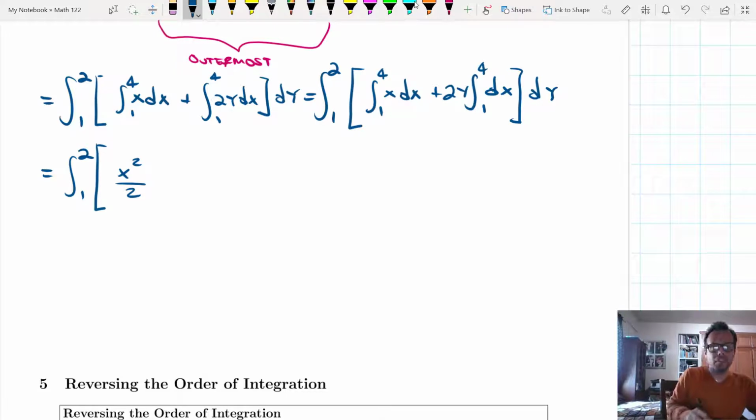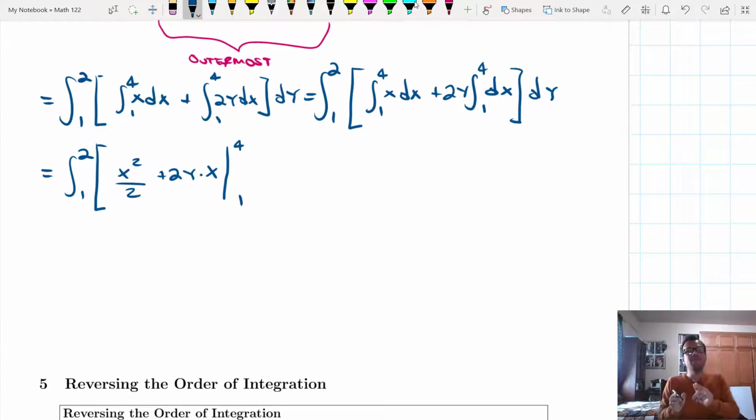And then plus 2y times the integral of dx. Well, in this case, the integral of dx is just going to be x, but we are not going to write plus c. We are going to evaluate this from 1 to 4.